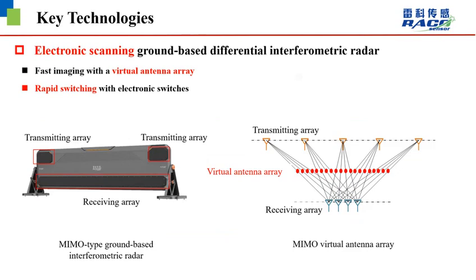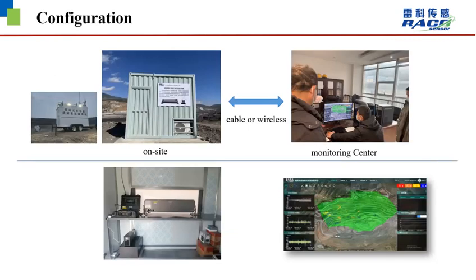This is an explanation of the principles of phased array technology. Due to time constraints, I will not go into details. This is a typical scenario where the entire radar system is applied in open pit mine.